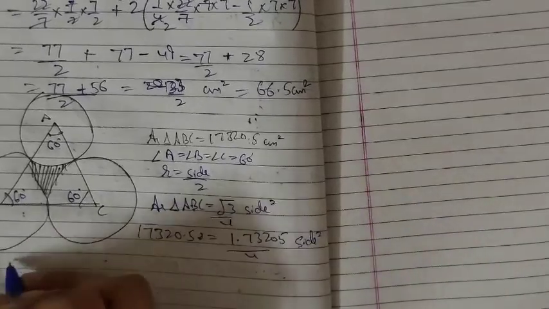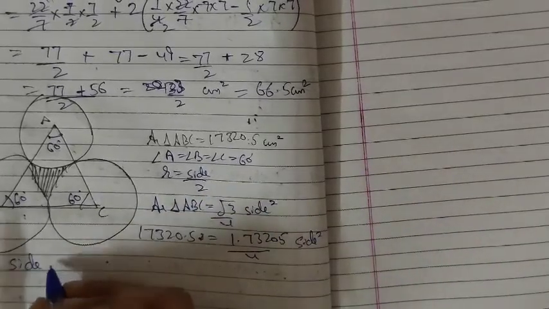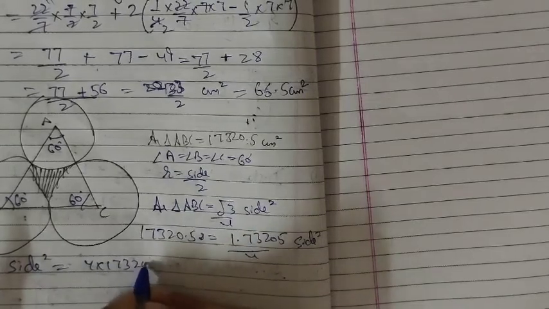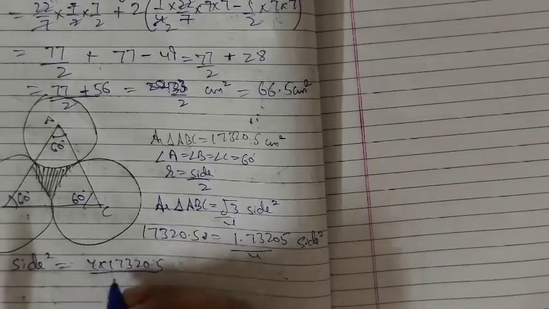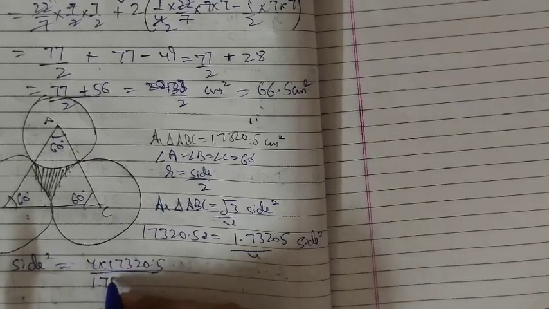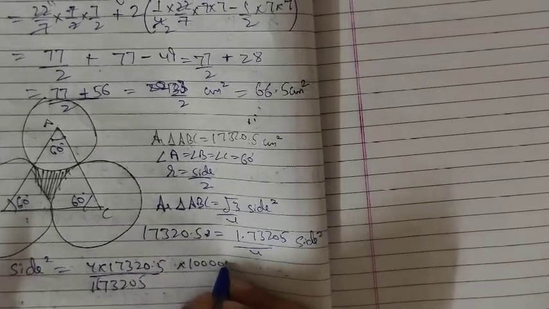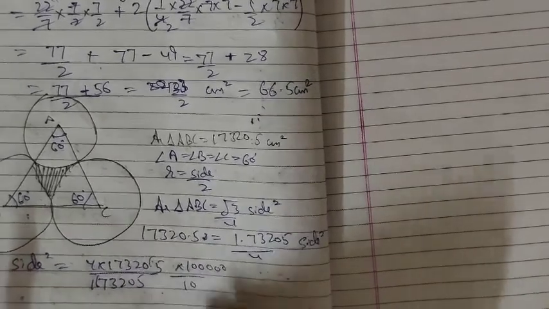So side square value will be equal to 4 multiplied by 17320.5 divided by 1.73205. Removing this decimal, we have to multiply 1, 2, 3, 4, 5 and this 10, right?